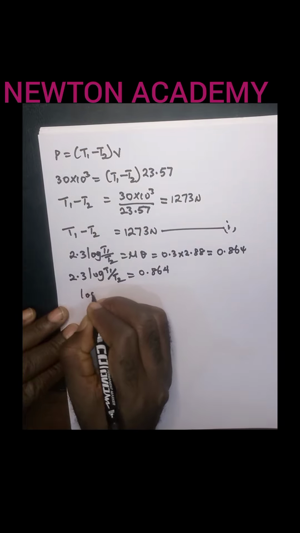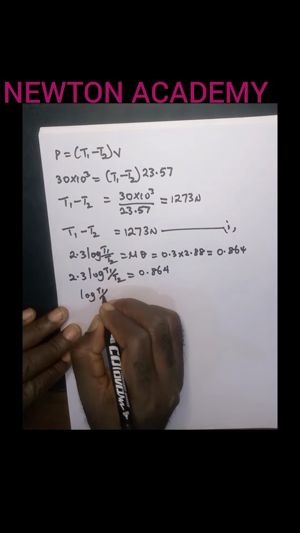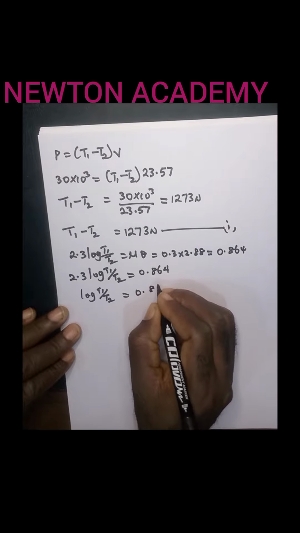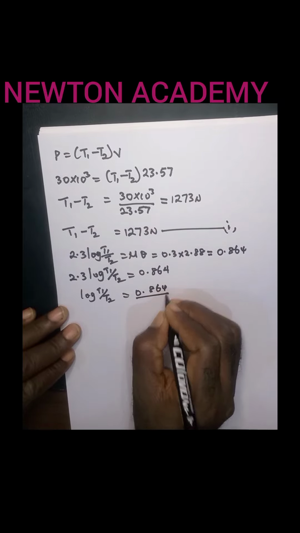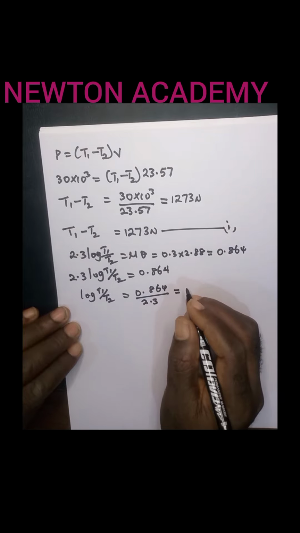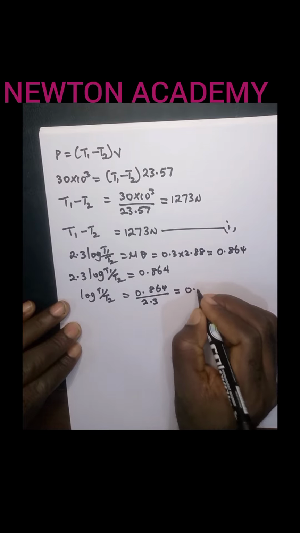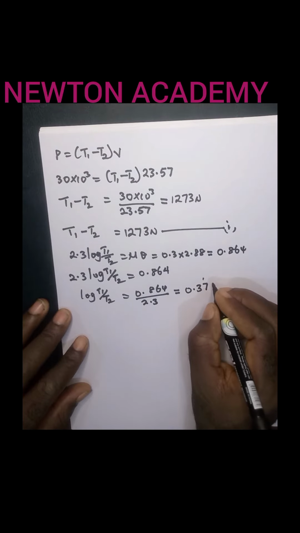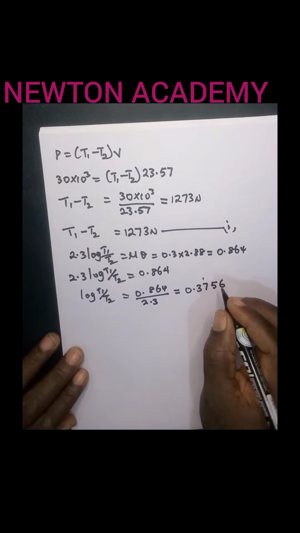We have log T1 over T2 is equal to 0.864 divided by 2.3, and this will give 0.3756.